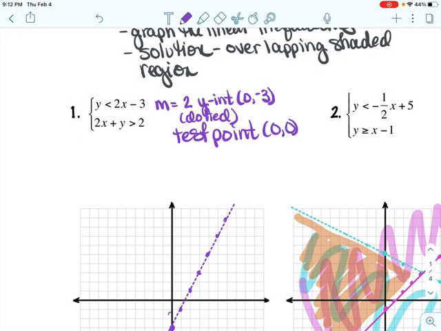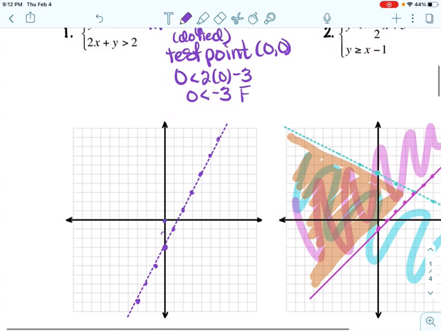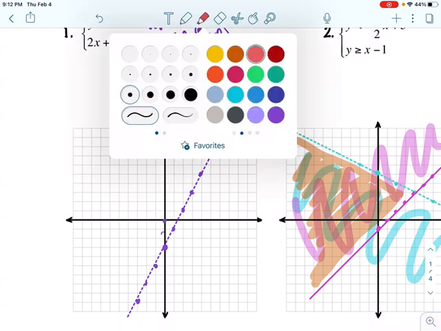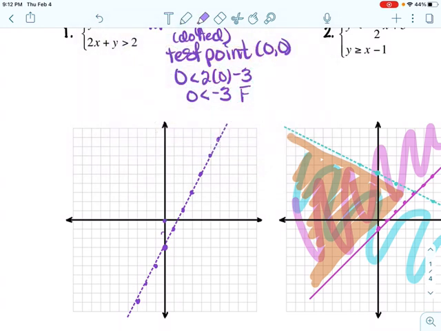So I'm going to put 0 in for x and 0 in for y. Is 0 less than -3? That is a false statement. So if it's false, 0, 0 is not part of our solution, which means don't color there. We're just going to shade over here.